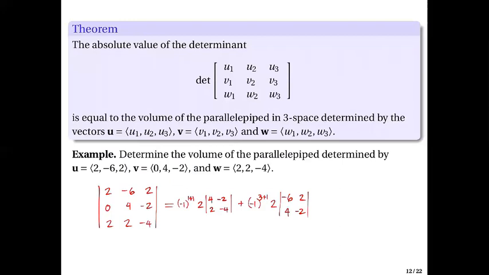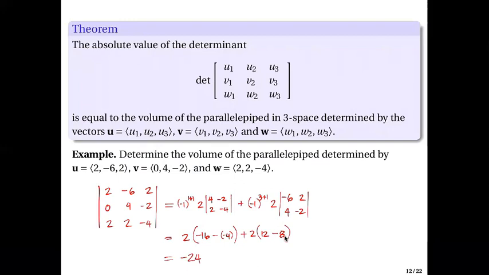Then let's compute. This is equal to 2 times 4 times -4, that's -16, minus 2 times -2, that's -4. Plus you have here 2 times -6 times -2, that's 12, minus 4 times 2, that's 8. And this is equal to -16 plus 4, that's -12 times 2, that's -24.